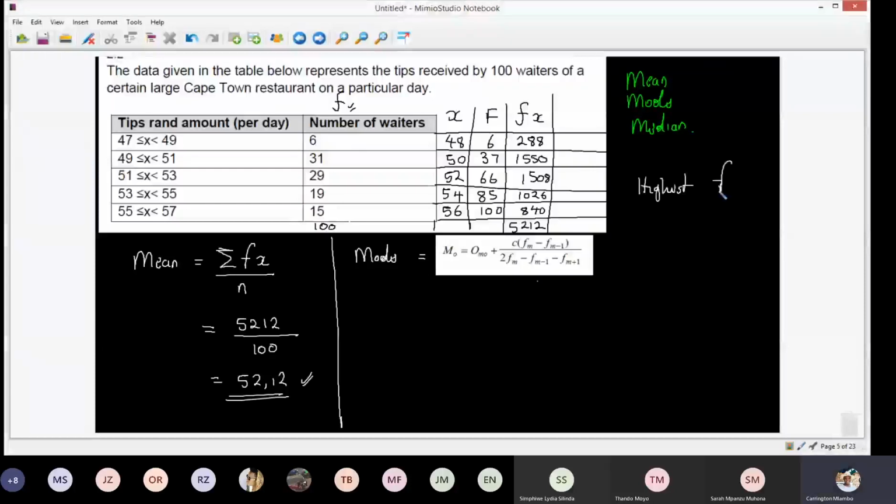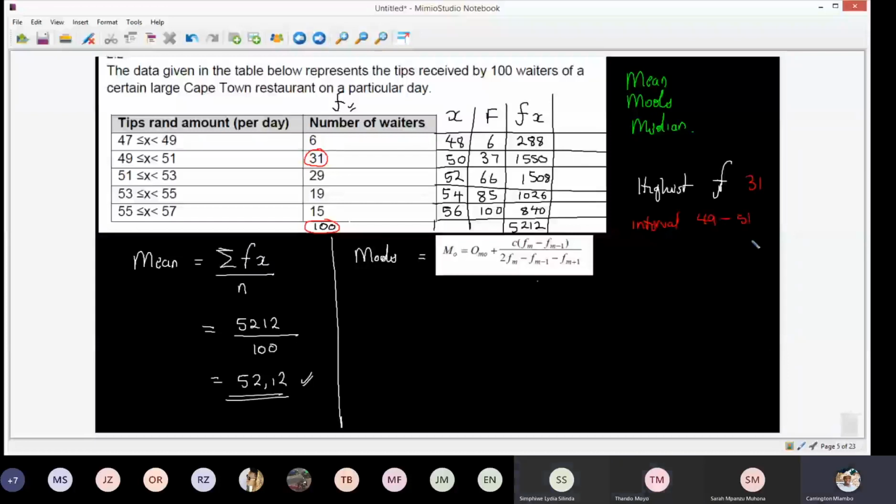What is the highest frequency in our case? Please, let's participate. 100? No, this is the total. It's 31, correct. You can see the highest frequency is 31. So at 31, what is the interval? 49 to 51.